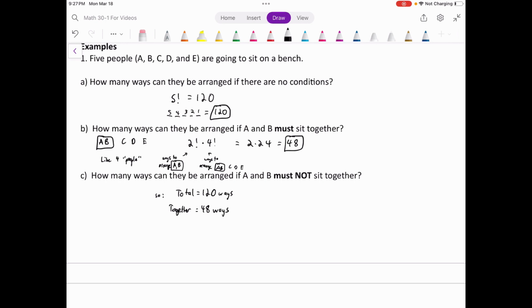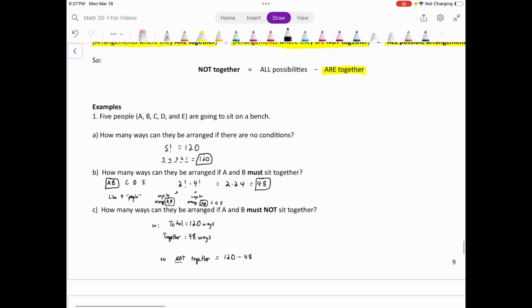So our number of arrangements where they're not together is going to equal 120, the total, minus the ones where they're together, minus 48, okay? So that equals 72, right? So there are 72 ways they could sit where A and B are not together.